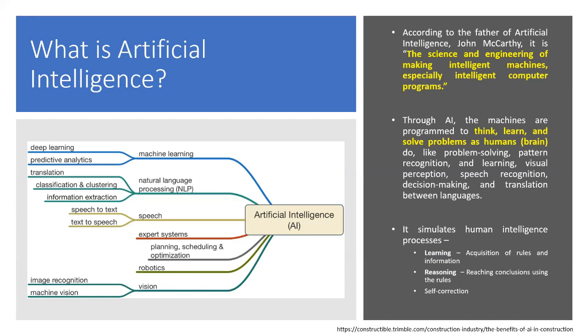These are some of the processes of artificial intelligence. It simulates human intelligence processes like learning, which means acquisition of rules and information, reasoning, reaching conclusions using the rules, and self correction.